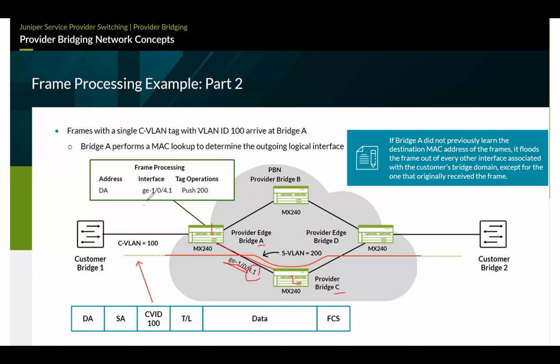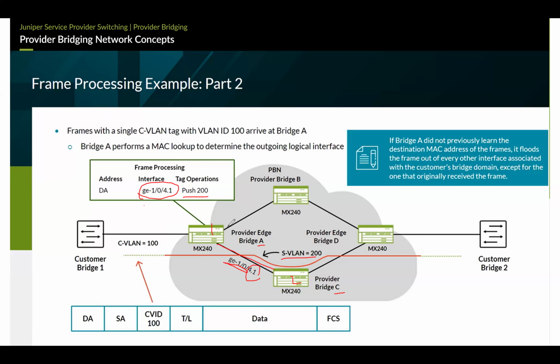So this interface just takes this frame, and the customer VLAN ID is 100 and pushes the VLAN to 200. That means push to S VLAN.